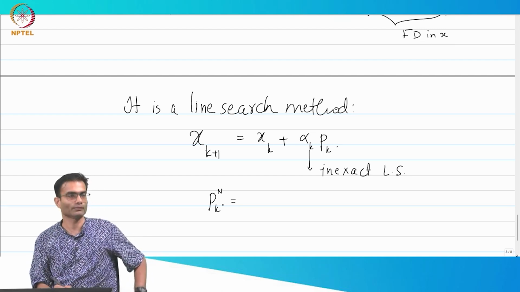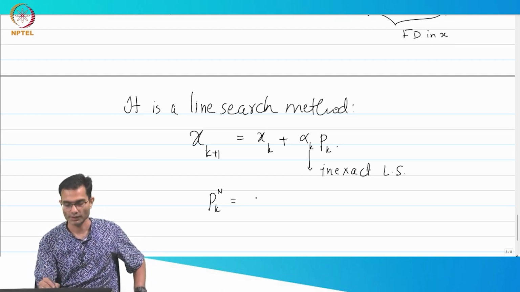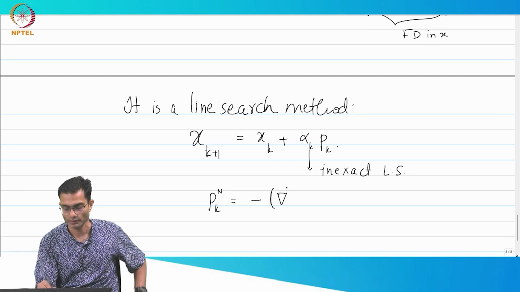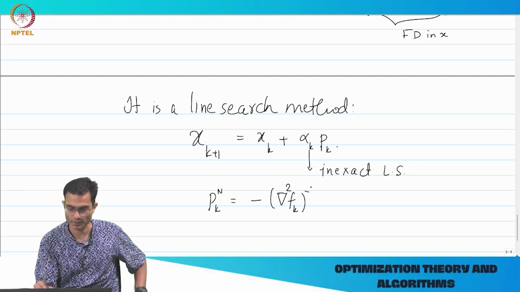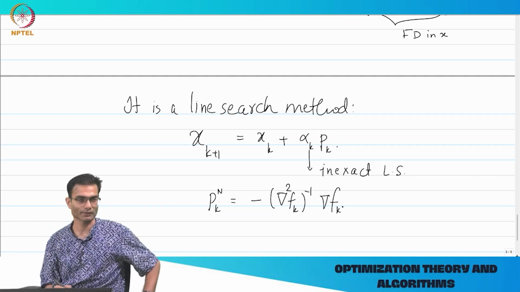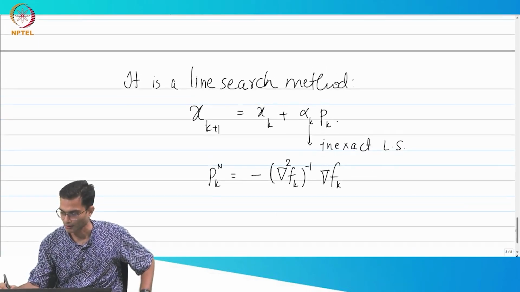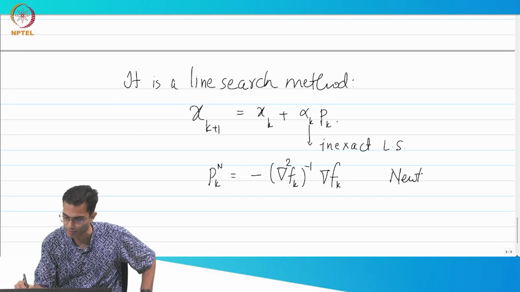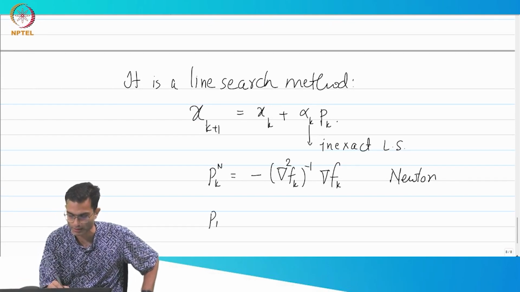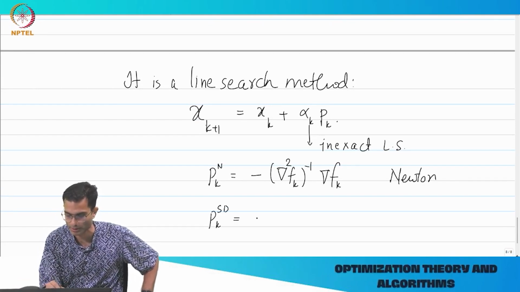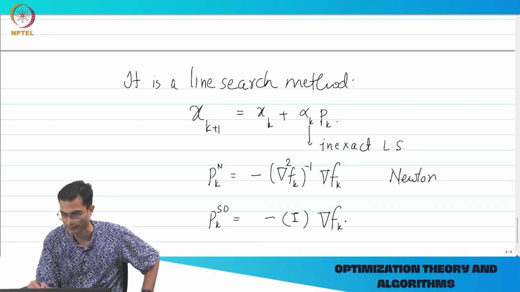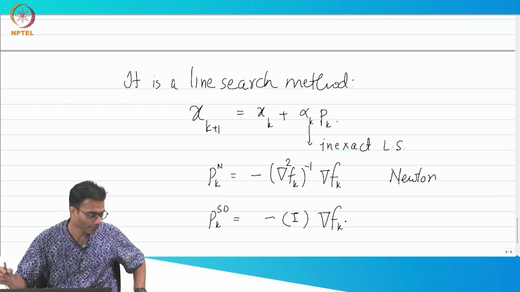Does anyone recall? There was a negative Hessian inverse multiplied by grad f k. This is the Newton direction, and just to contrast it, my steepest descent direction was minus identity times grad f k.